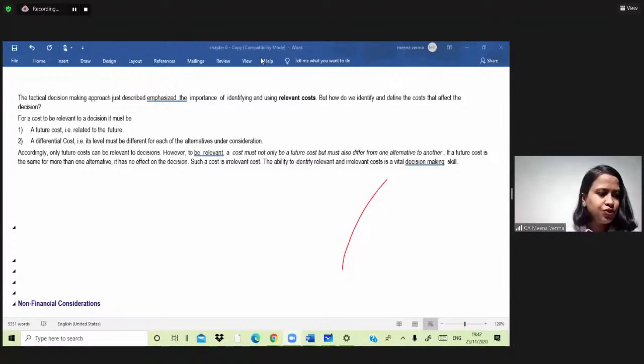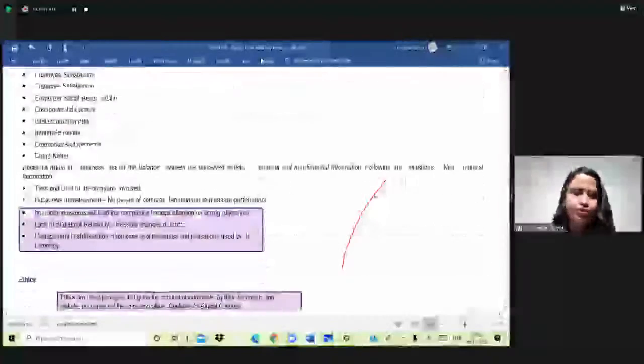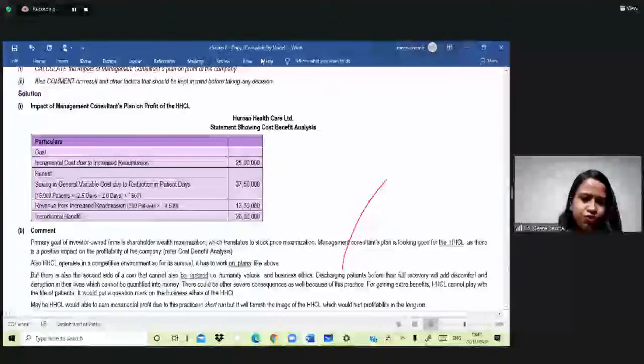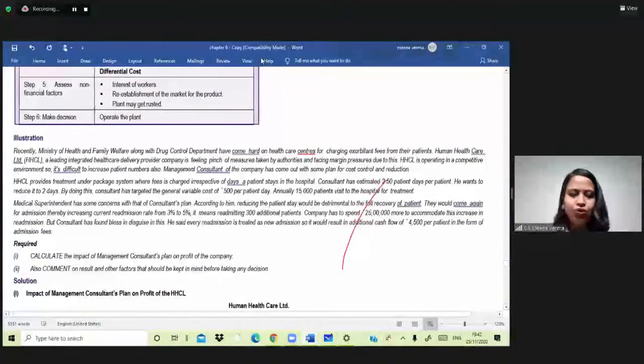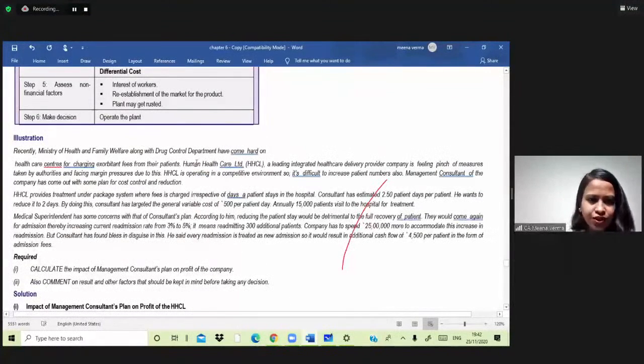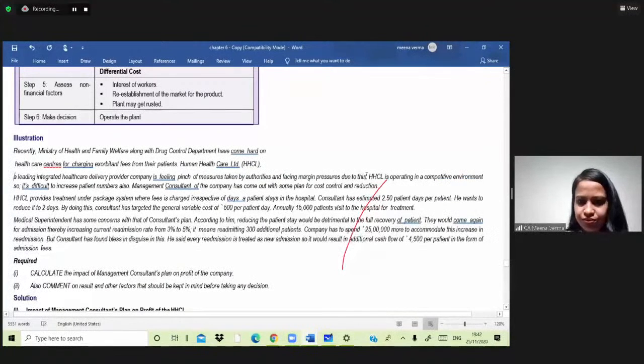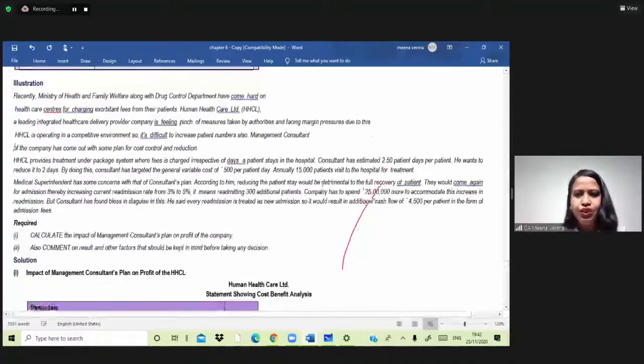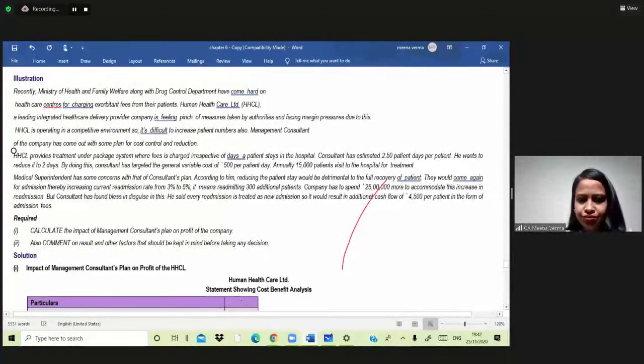Now I want all of you to read this question and we will do this question. A very good question. If it is not readable, let me divide it into some parts to make it readable.